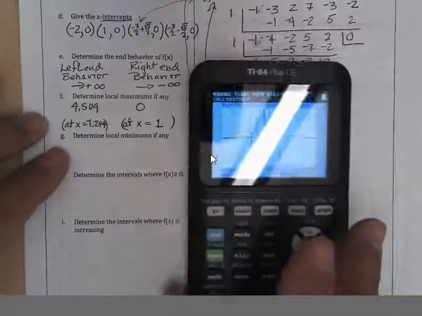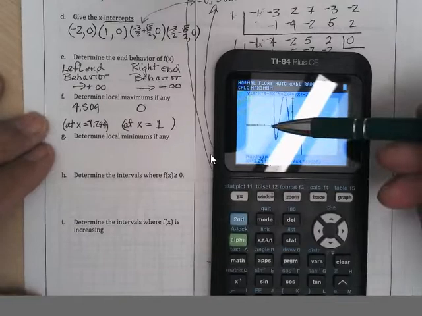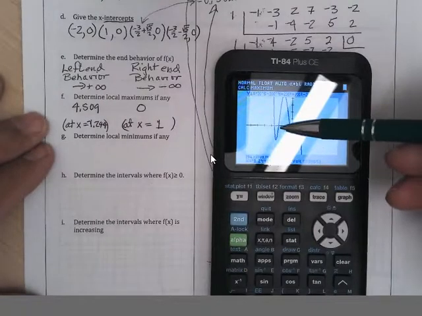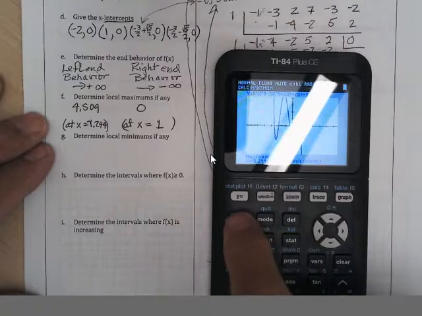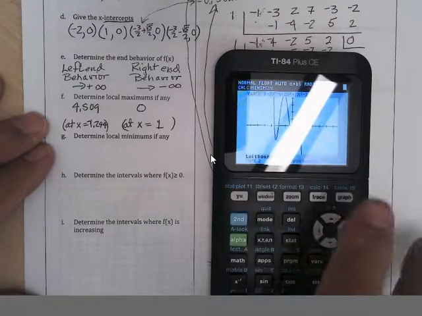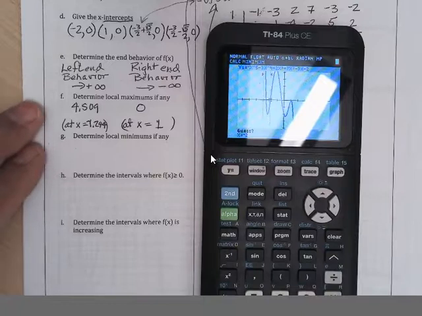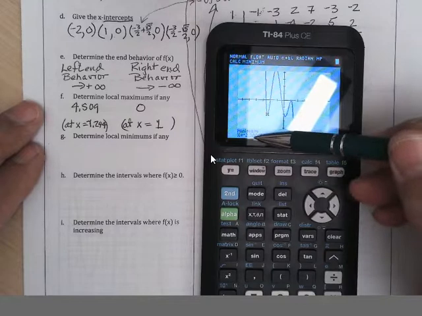Now let's do the local minimums. This one appears to be between x minus 3 and x minus 2. So I'm going to go second, trace, and calculate the minimum. That's between the x value minus 3, enter, and the x value of minus 2, enter. And I'm going to make a rough guess of minus 2.5. And it says, no, it happens at negative 2.36.